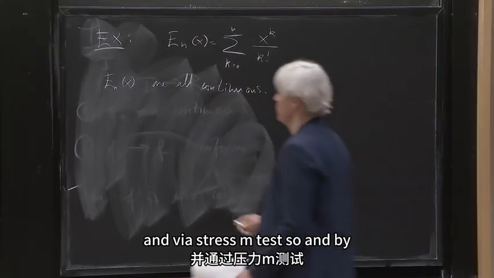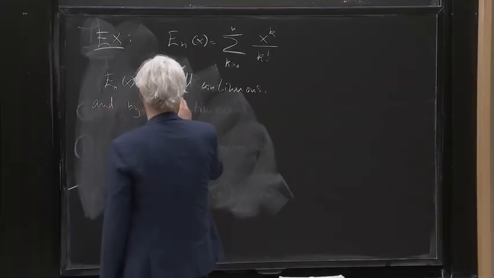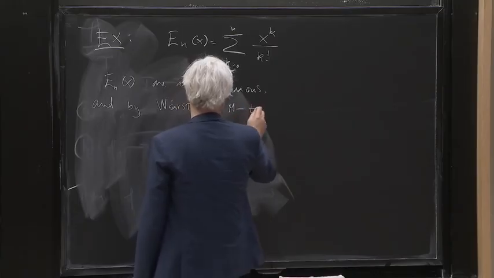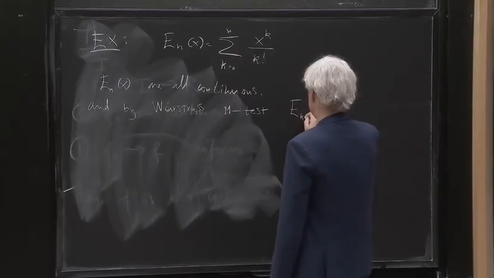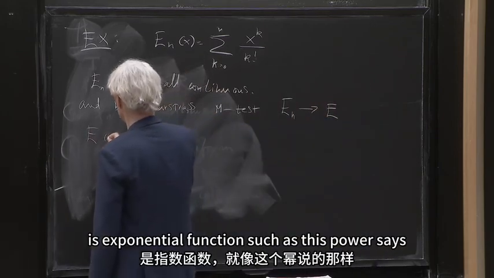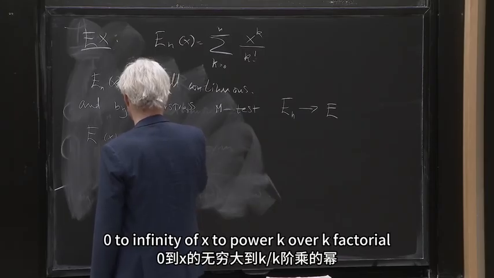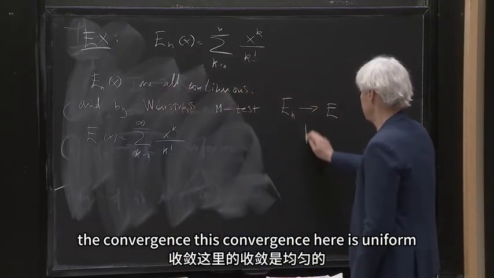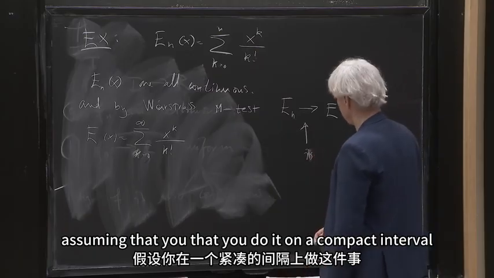And by the Weierstrass M-test that we proved last time, the convergence to E, where E is the exponential function, the power series sum from k equal to 0 to infinity of x to the power k over k factorial, is uniform, assuming that you do it on a compact interval.